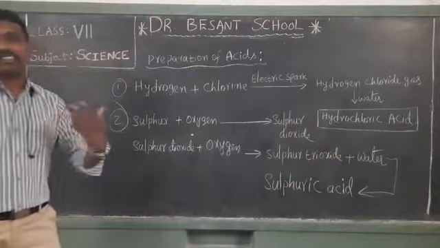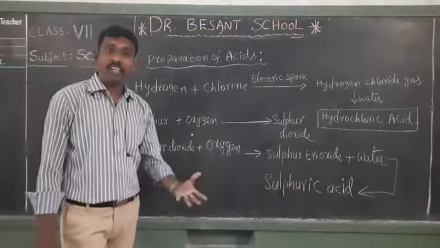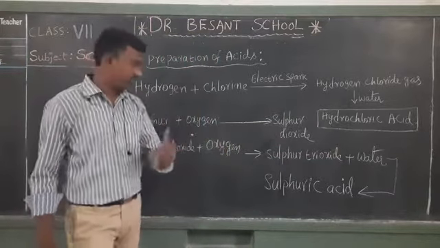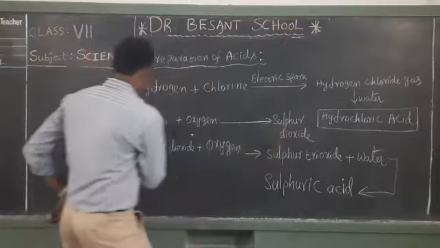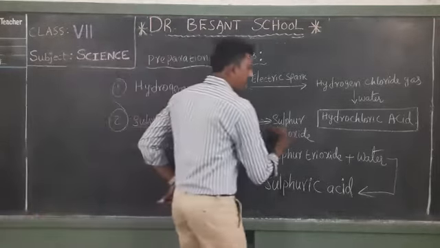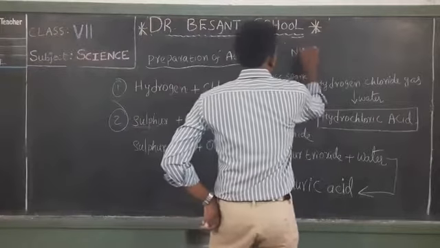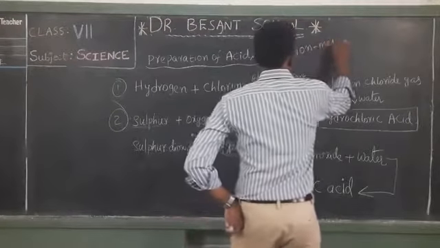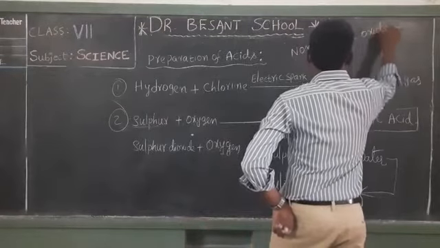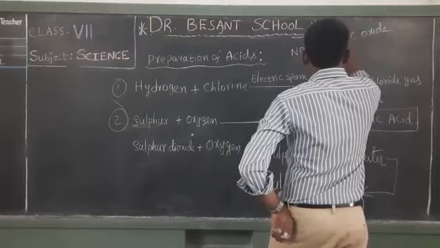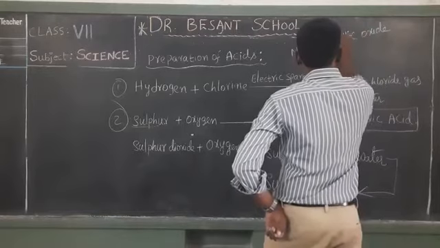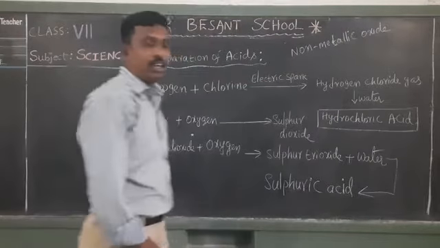Okay, we can also consider some other acids made by dissolving some oxides in water. See, this is called an oxide. When a non-metal reacts with oxygen, we produce a product called a non-metallic oxide.